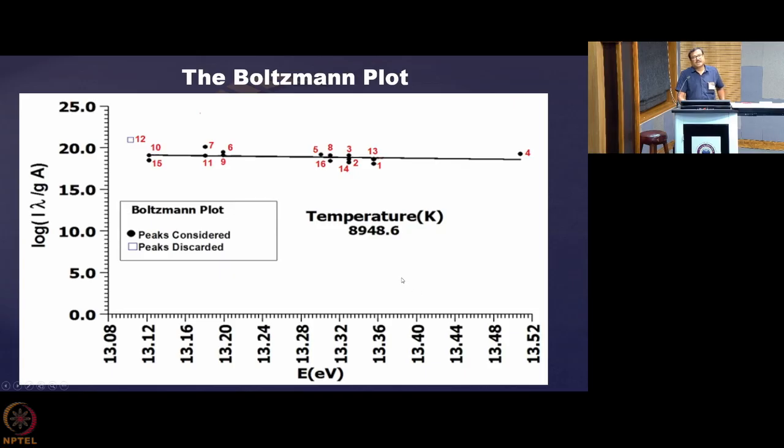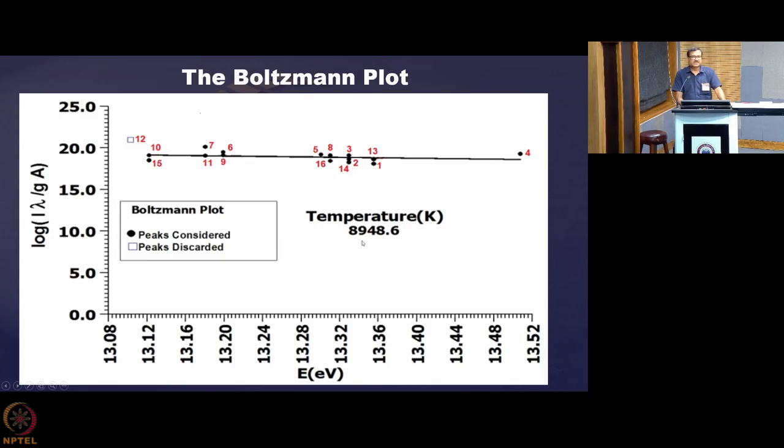You note that all of them more or less fall on a straight line. And what is the slope of the straight line? That is 1 by kBT, where kB is the Boltzmann constant. So once you know the slope, you can find the temperature.